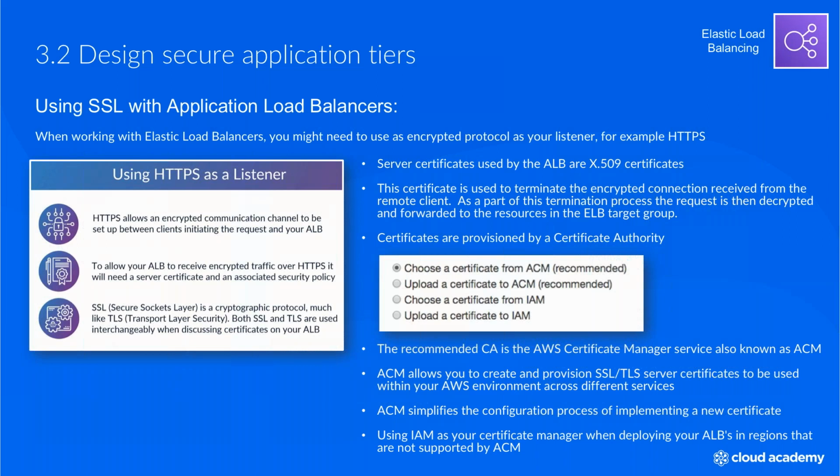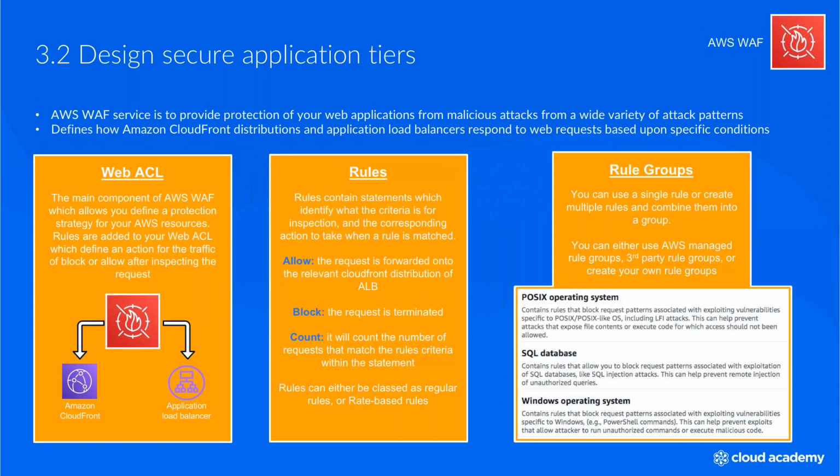Okay. So let's take a look at the AWS Web Application Firewall, known as WAF. The main function of AWS WAF is to provide protection of your web applications from malicious attacks, and this comes in the form of a wide variety of different attack patterns.